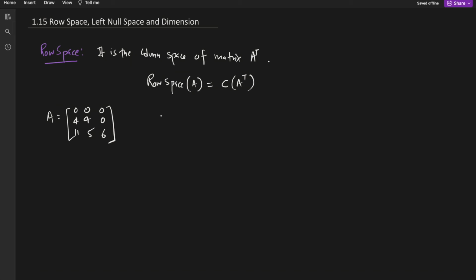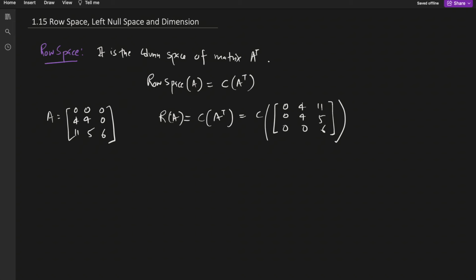The row space for A is nothing but the column space of A transpose. Basically, you transpose the matrix A and take the column space of it. So what is the transpose of this matrix? It's nothing but 0, 0, 0, 4, 4, 0, 11, 5, 6. That's all row space is.